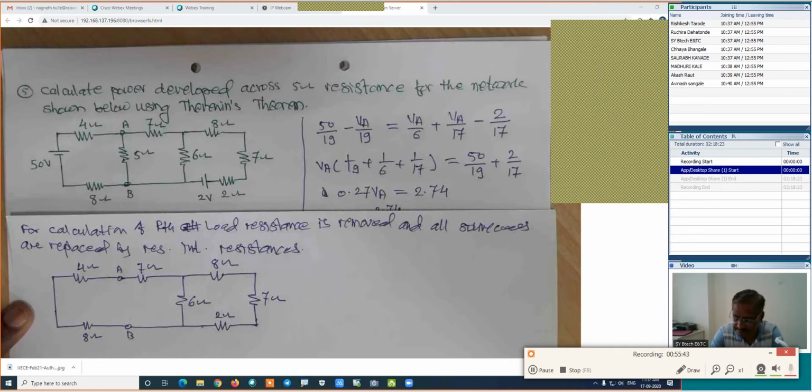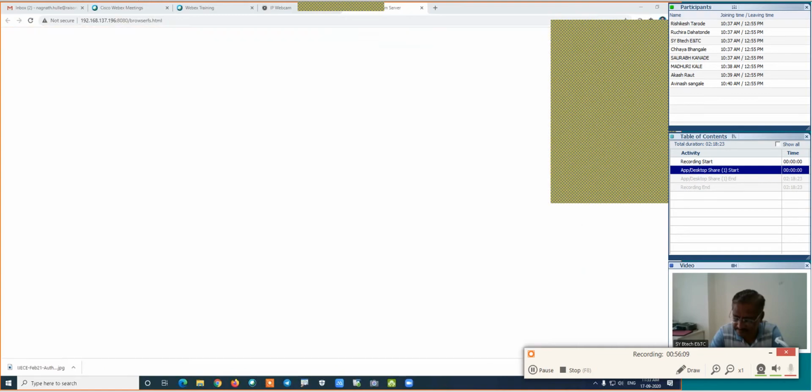So here, in this calculation, what are the series and parallel combinations? Avinash. Yes, sir, 8 ohm and 4 ohm are in series.